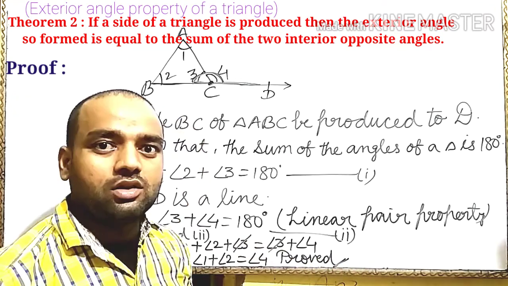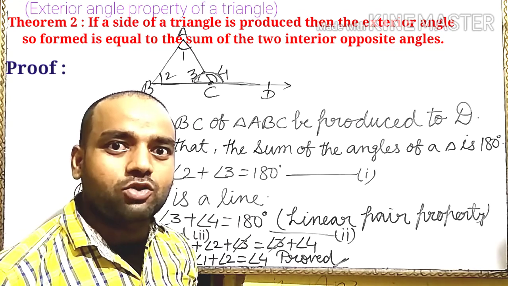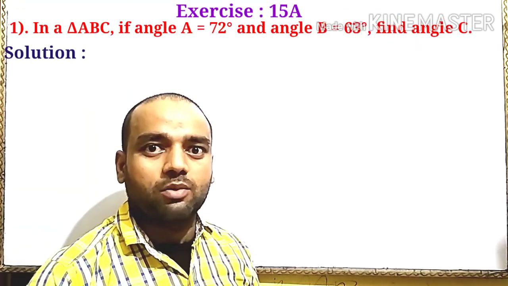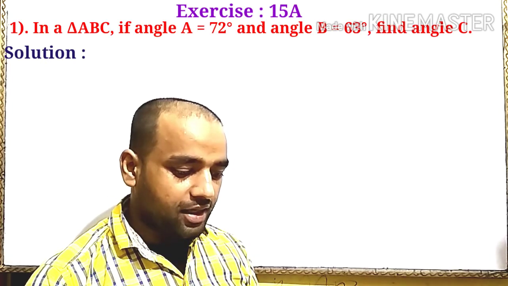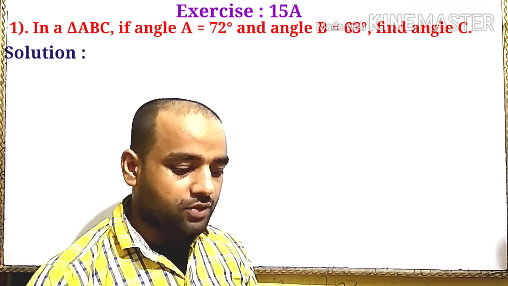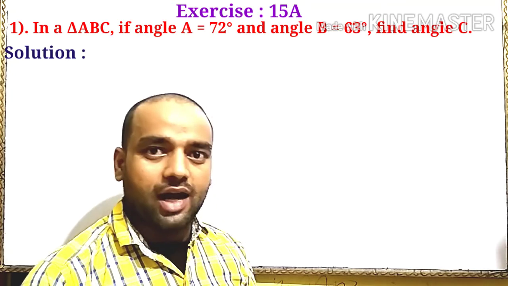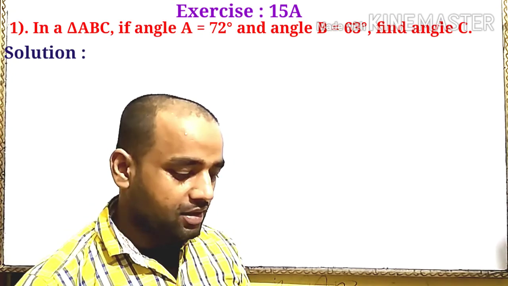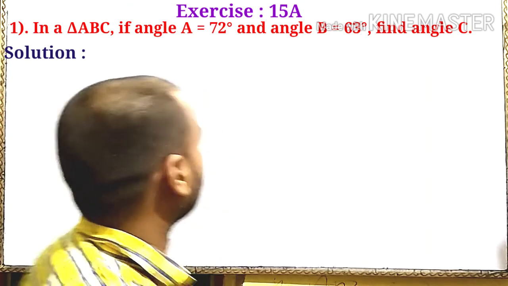Is it clear? Now let us discuss some questions. So let us start question number 1. In question number 1, in a triangle ABC, if angle A is equal to 72 degree and angle B is equal to 63 degree, find angle C. So first of all draw a figure.